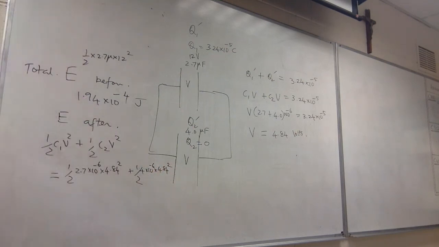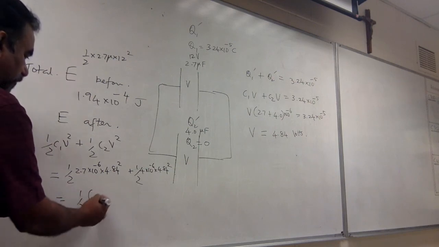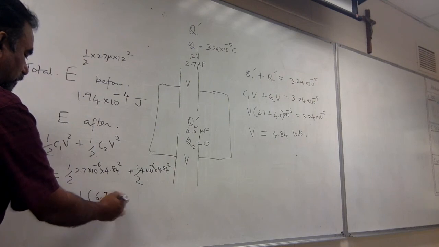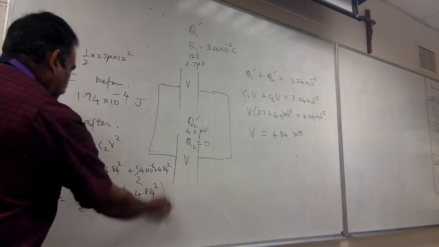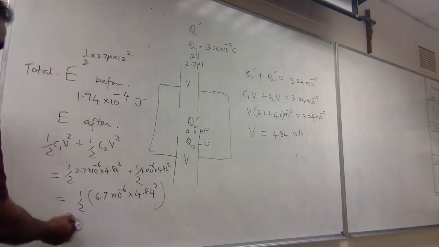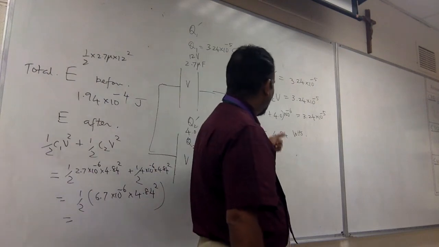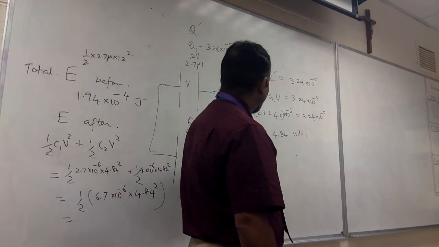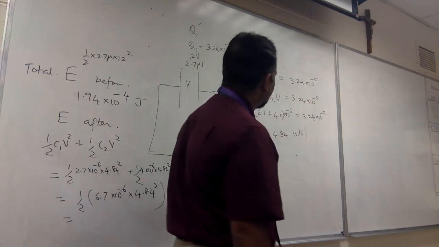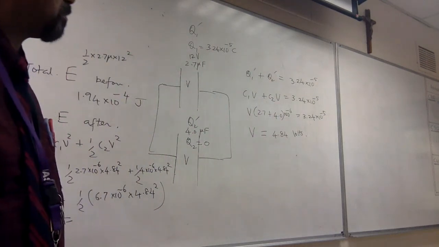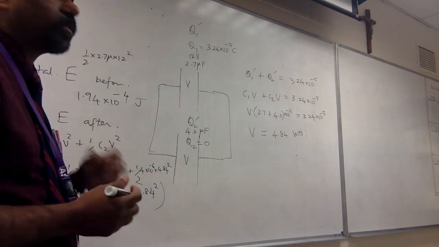If you want, actually, you can put them together. This is half 6.7 times 10 power negative 6 times 4.84 squared. How much is it? Where do you get the V? From here. That divided by this. So 3.24 times 10 power minus 5 divided by that. Yeah, looks right.